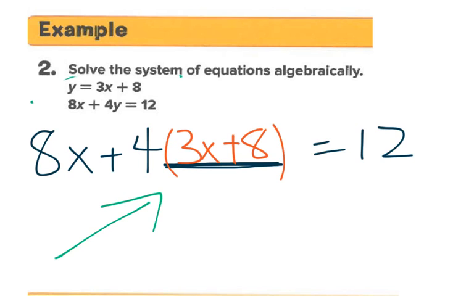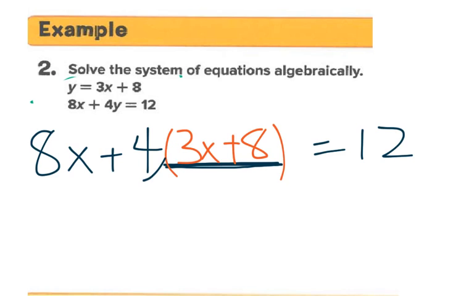I only have x's, which is exactly what I'm trying to do. Every time I'm trying to get down to one variable, which has been our goal this whole time. And now that I've only got one variable, now I can actually solve it. Now it's just a regular, multi-step equation.